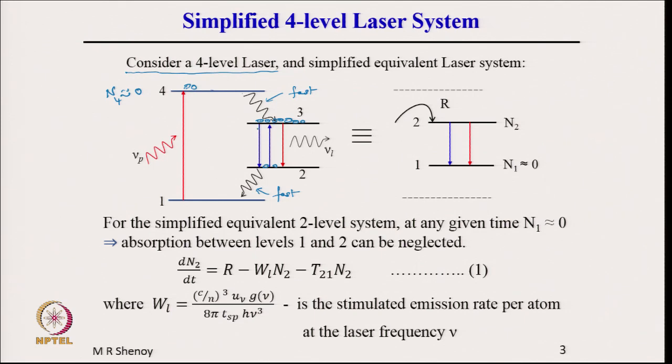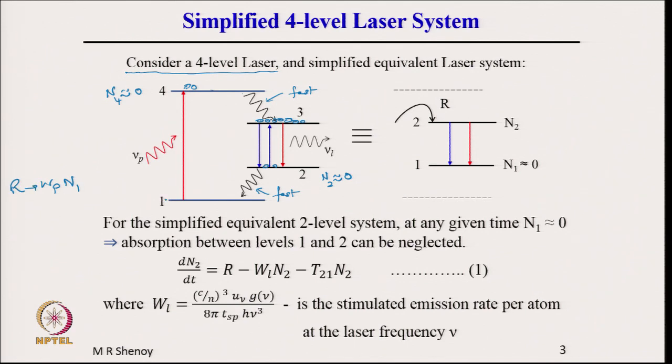Similarly, atoms which come down to level 2 rapidly go down to the ground state, and therefore N2 is also approximately equal to 0. So, essentially there is a population inversion between level 3 and level 2 in a 4 level system. Therefore, we write an equivalent simplified system. We call this pumping rate, W p into N1, the pumping rate R.